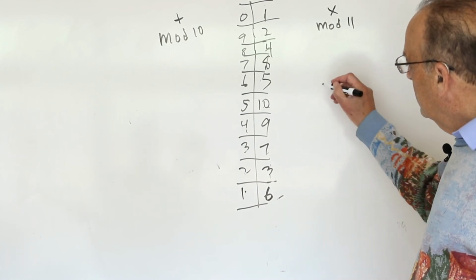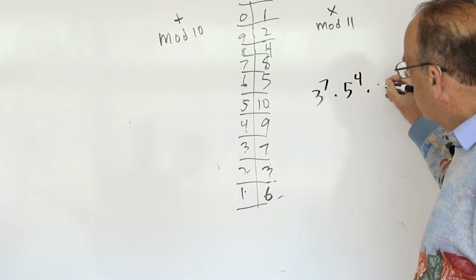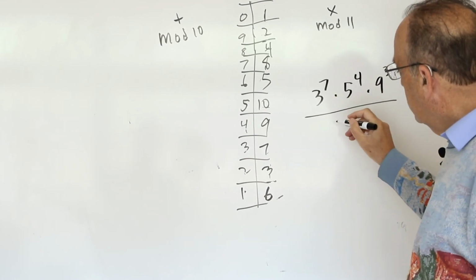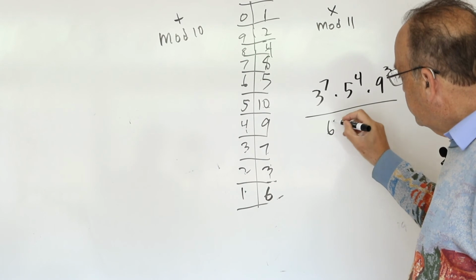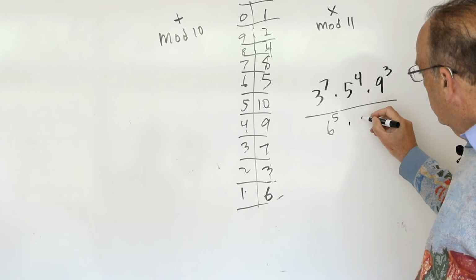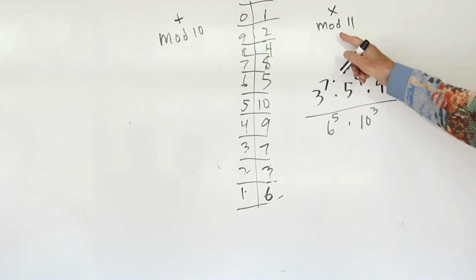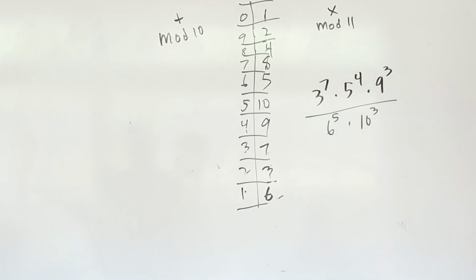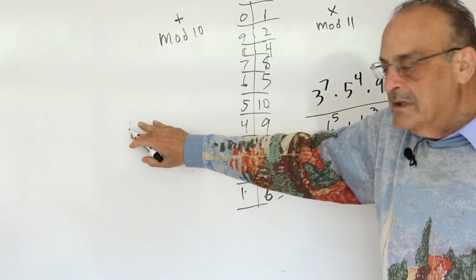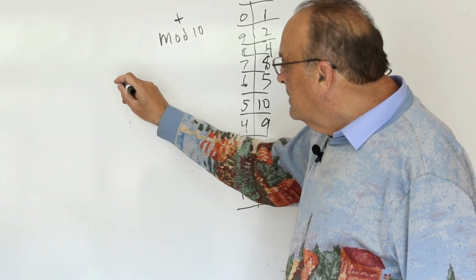Suppose we're doing 3 to the 7th power times 5 to the 4th power times 9 to the 3rd power divided by 6 to the 5th power times 10 to the 3rd power. Now that's something we could do mod 11, but it would be a little bit taxing. It's easier to move from this world into this easier world and then move back again. So we're going to find the log of all this. So we're going to write the log of all that.